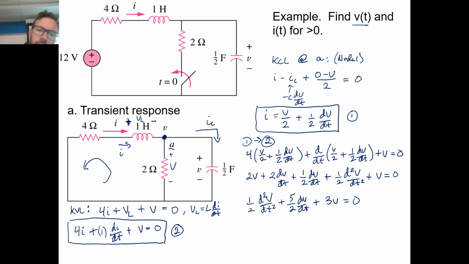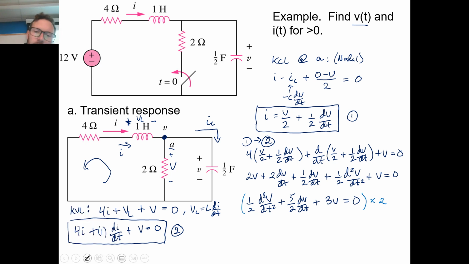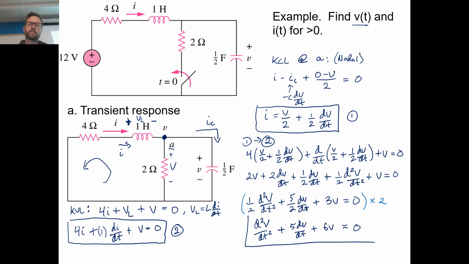So let's go ahead and multiply this by 2 and clear out those 2's in the denominator. So we'll end up getting the second derivative plus 5 times the first derivative plus 6v is all equal to 0. And there's our differential equation that describes the system.